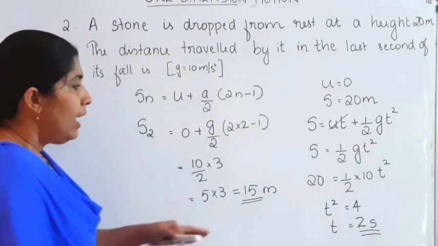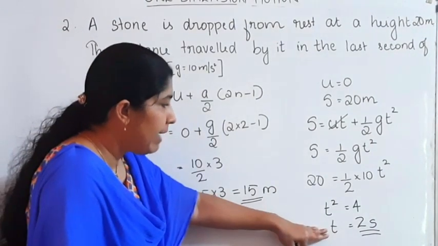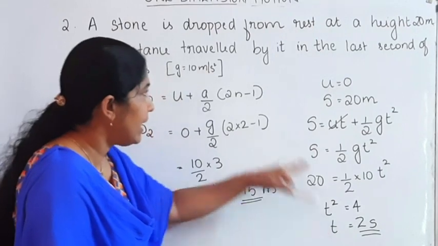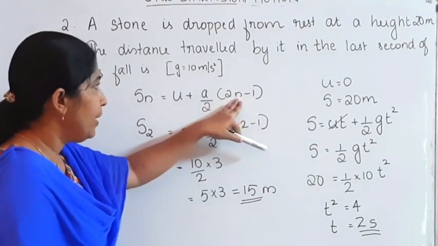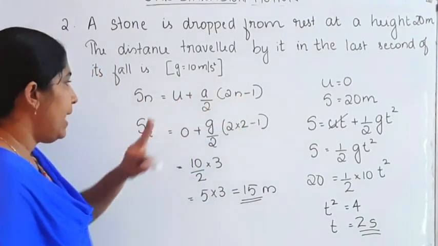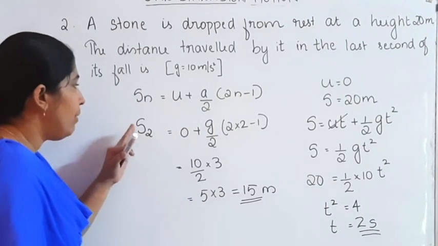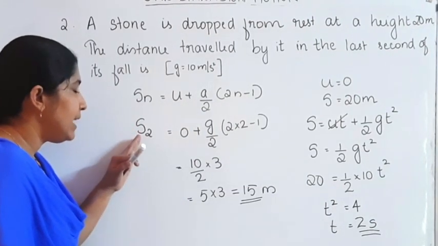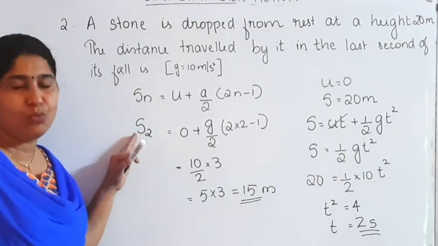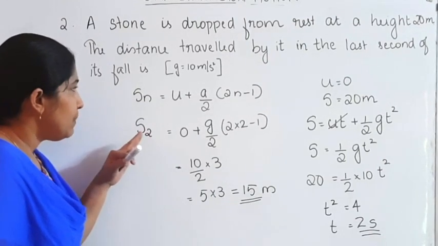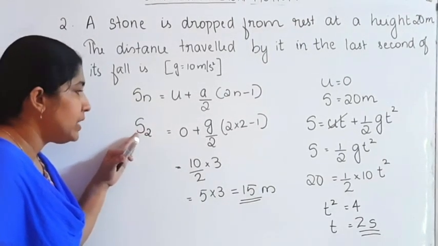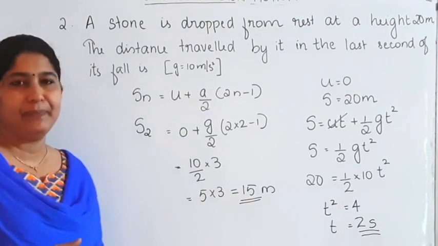Now we can substitute the value of t equal to 2 seconds in n. We know u and a. Then we can calculate the displacement in the last second, which is 15 meter.